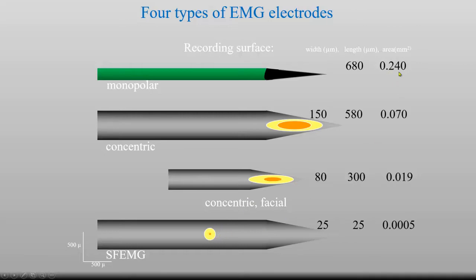And you see the recording surfaces have this area, 0.0 to 140 and so on, and they are very much smaller in the concentric small electrode and even much smaller in the single fiber electrode.